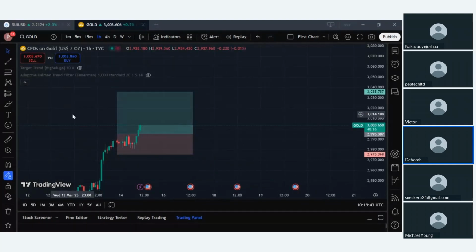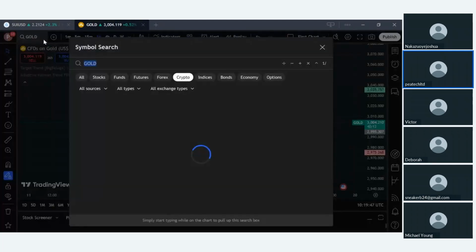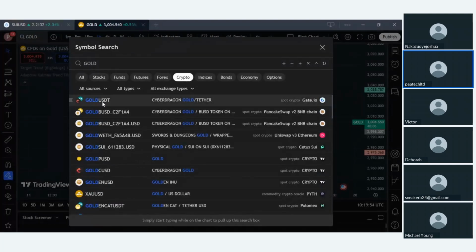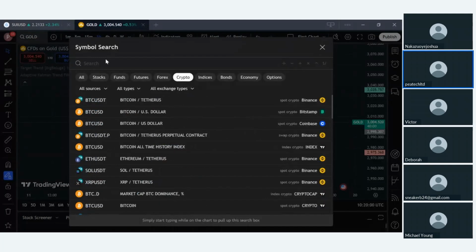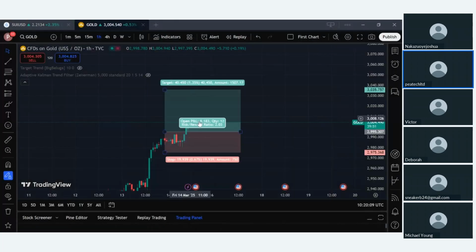If you have not entered, let me show you how it is written. For crypto, you will see it as gold, in your futures pair, just gold. But if you are using forex, you will see it as XAU USD like this. This is gold. Anytime you see it like this, it is gold. Both of them are the same thing.